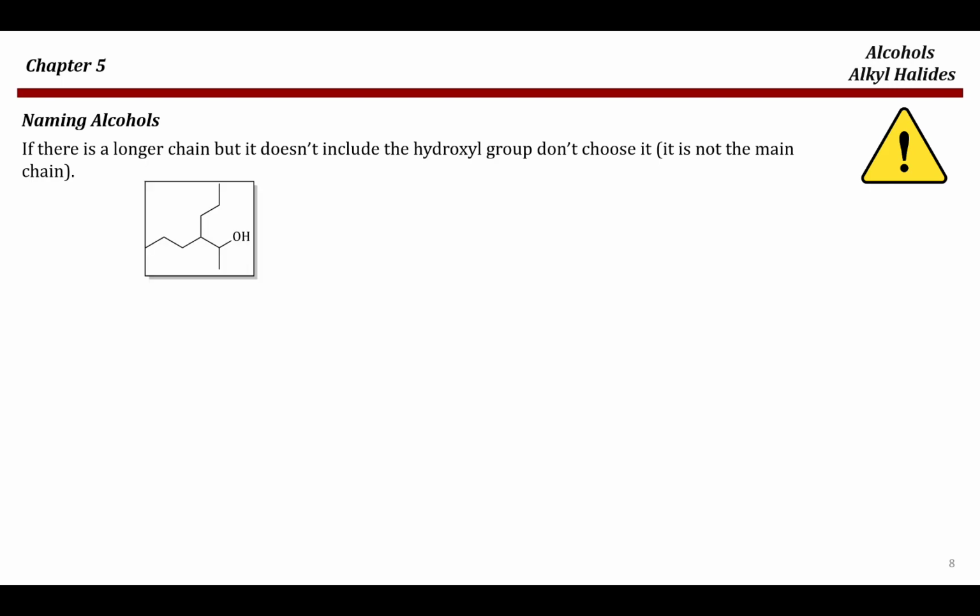For example, in this case here, we have 2 options. If I choose this highlighted chain, the number of carbons will be 7. But this chain doesn't include the OH group. So the carbon which is bonded to the OH group is not included in this chain. And that's why this is an incorrect longest chain.